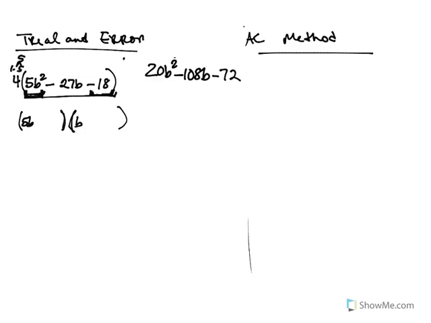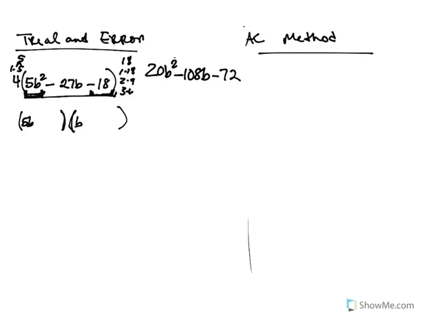And then 18: what are the factors of 18? 1 and 18, 2 and 9, 3 and 6. You want to see which group could create the 27 for you. We already know 5b and b are going to be in our first positions, so we just test and see what works.